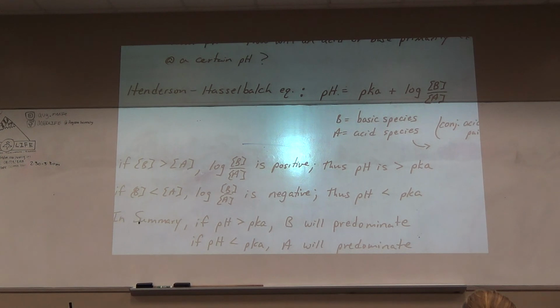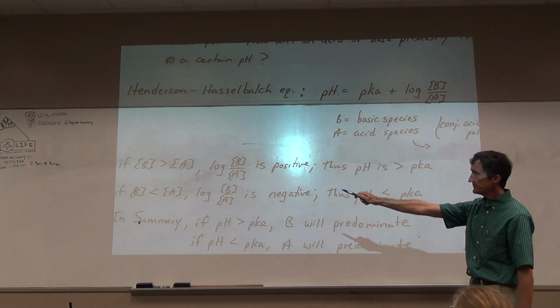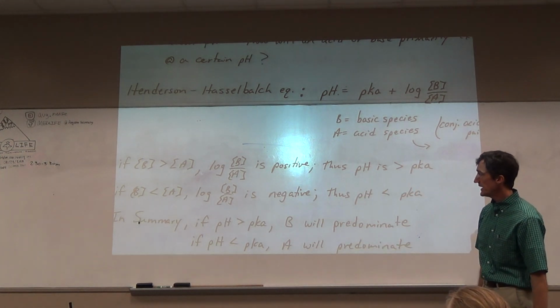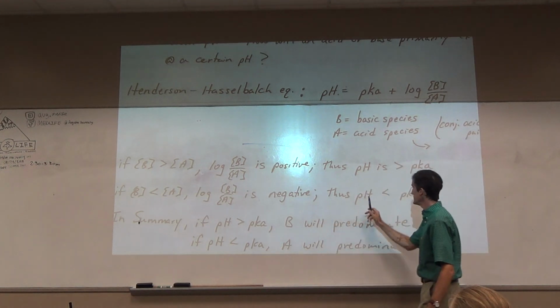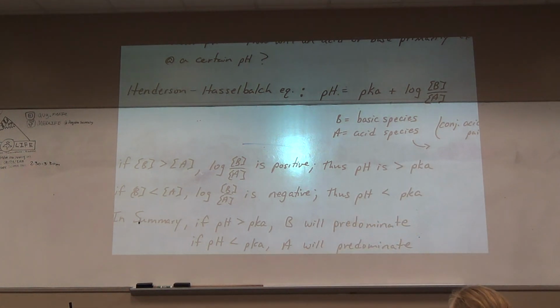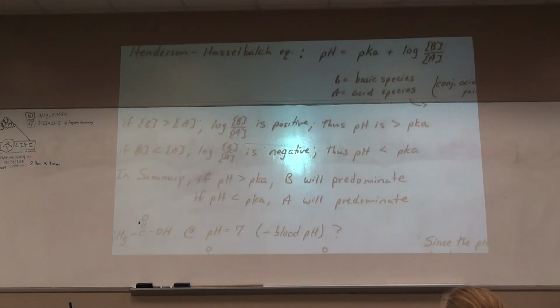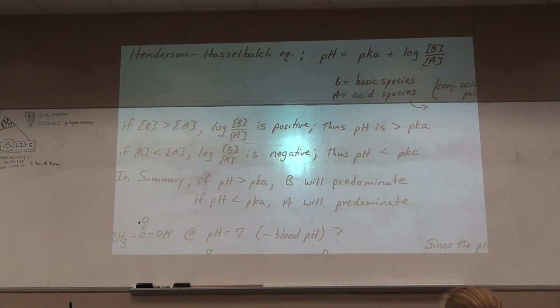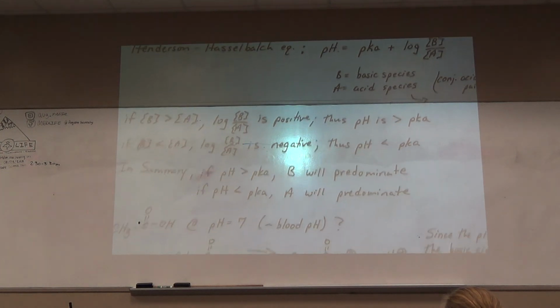If the concentration of B is less than the concentration of A, the log of B over A is negative, thus the pH is going to be less than the pKa. In summary, if pH is greater than pKa, B will predominate. If pH is less than pKa, A will predominate. Make sure you understand the math and why.